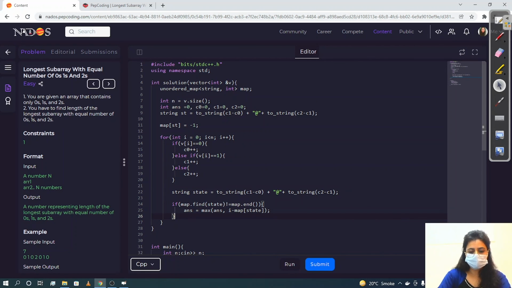Next, if we do not find the state in our map, then we'll just set map of state equals to i, right? Okay. And at last, we would return our answer.